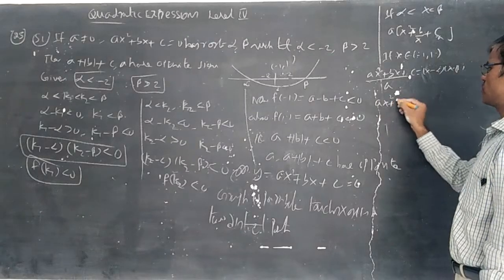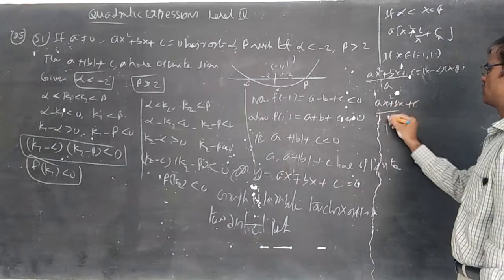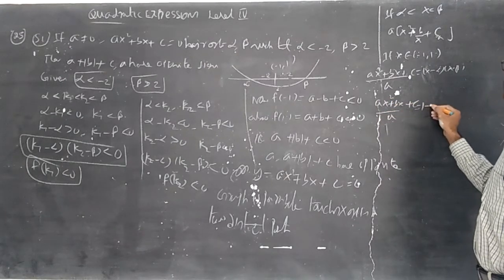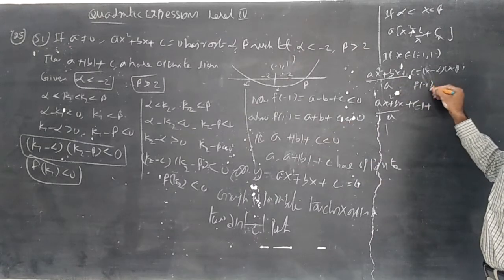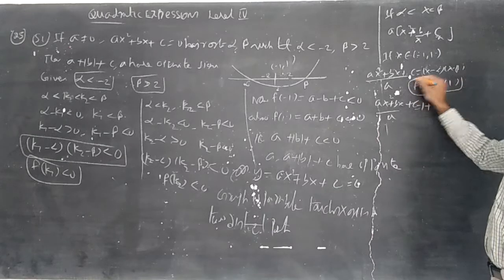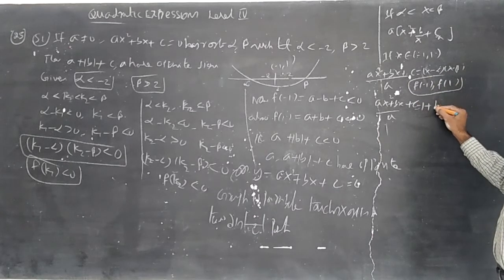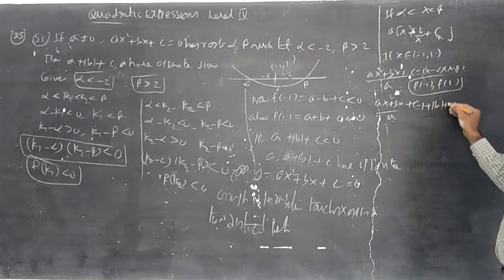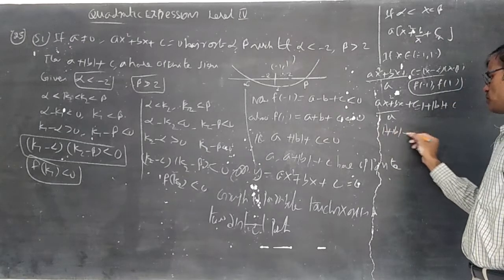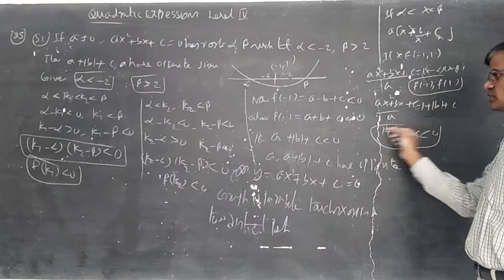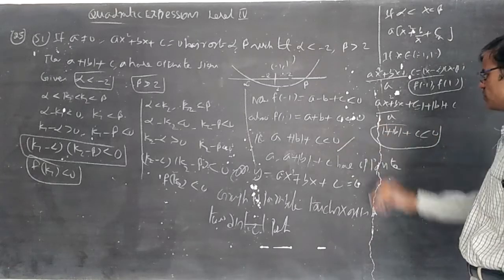Ax square plus bx plus c by a, if you substitute here minus 1 comma 1, f of minus 1 comma f of 1 is substituted, you get 1 plus mod b plus c. It is 1 plus mod b plus c less than 0 in the same concept. If you understand, simply leave it.